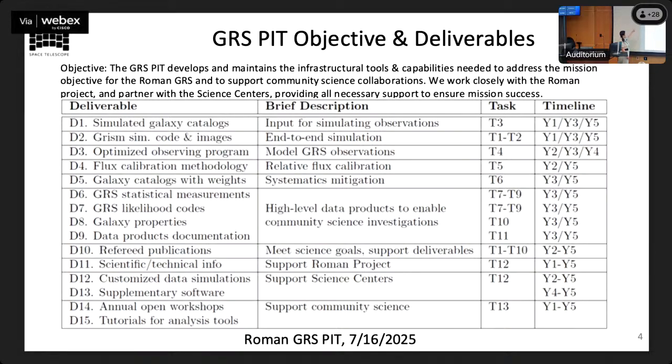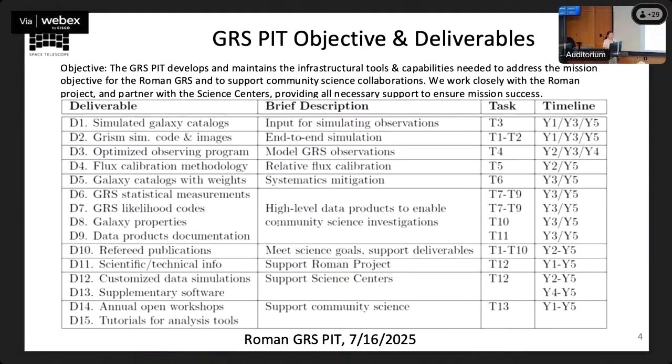You can read better than me; it would be boring if I just read what's on the slide. Basically, we are going to deliver everything you, the community, may need if you would like to use the Roman GRS for cosmological science and galaxy evolution science.